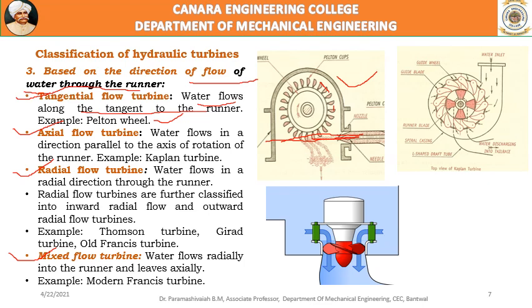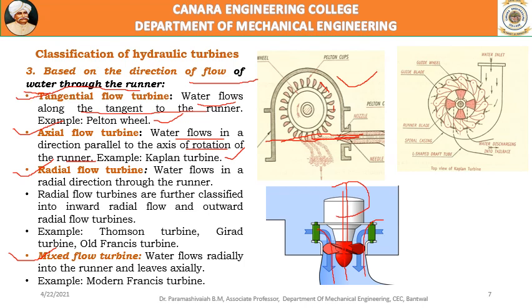The second one is axial flow turbines, wherein the water flows in a direction parallel to the axis of rotation of the runner. An example is a Kaplan turbine, in which you observe the water is flowing in this direction and the rotor is rotating about this axis.